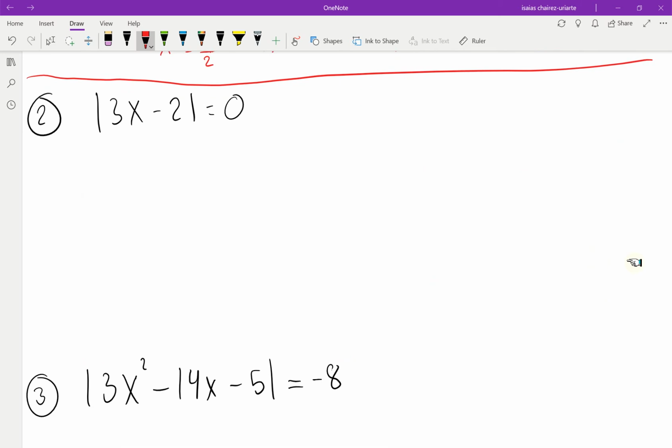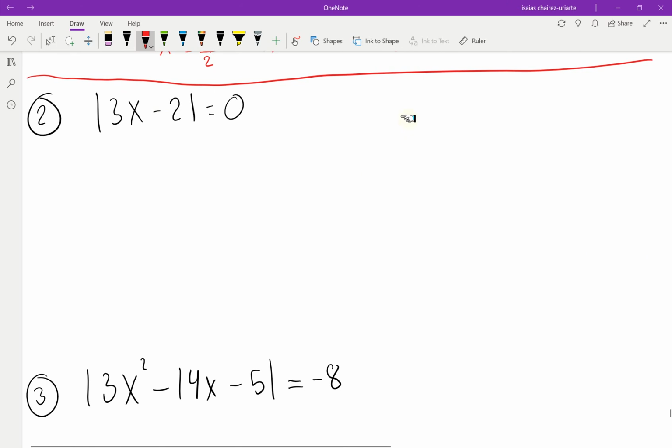The absolute value of 3x minus 2 equals 0. Well, we're supposed to split this equation up into two. One of them says 3x minus 2 equals 0 and the other 3x minus 2 equals negative 0. But negative 0 makes no sense.